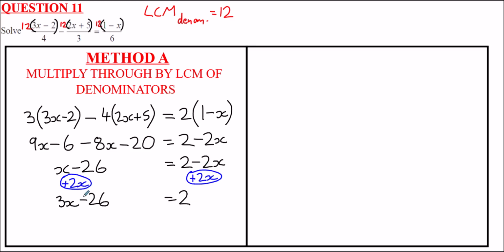I need to get rid of this minus 26, so I can add 26 to that side. And if I do that to that side, I must do the same over here. So then I get that 3x must be 2 plus 26, which is 28. Therefore, x must be 28 divided by 3.